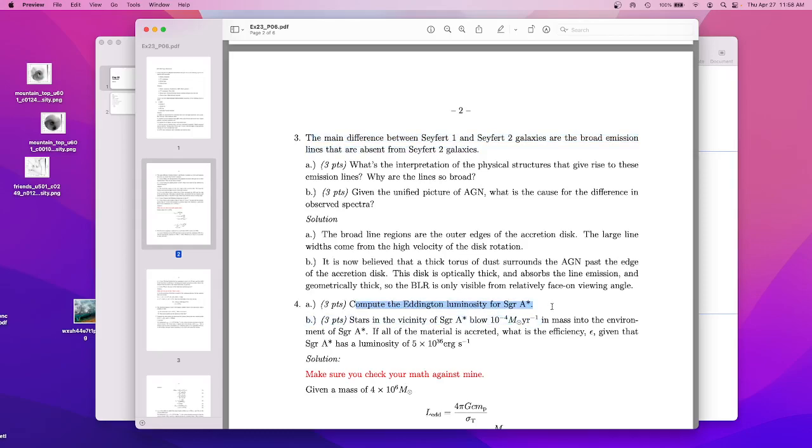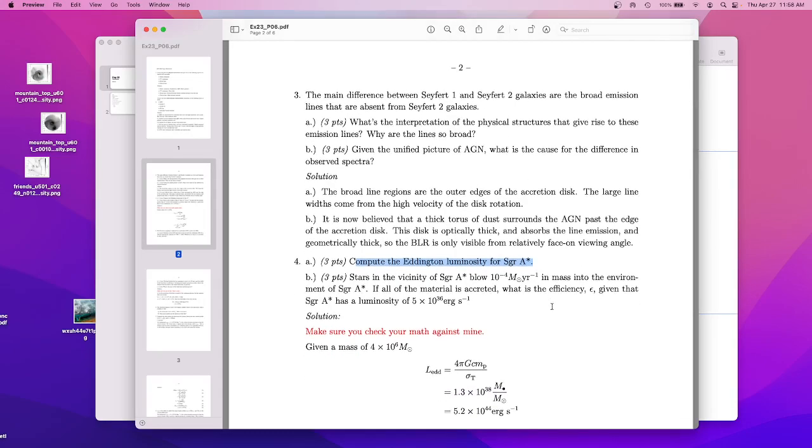How do you do that? There's just this formula. You just read it out. The Eddington luminosity is this ratio of the proton mass, gravity, and the Thomson cross section. Because remember, Eddington radiation is photons come out, hit all the electrons, and push everything out.